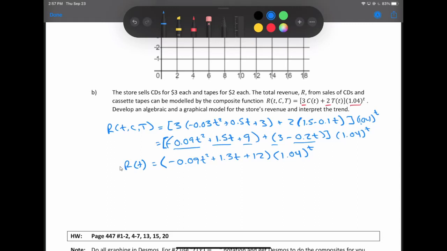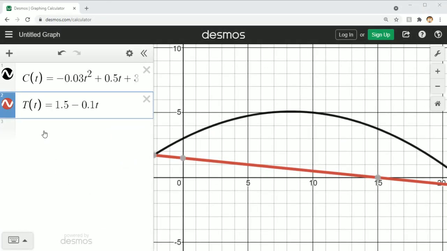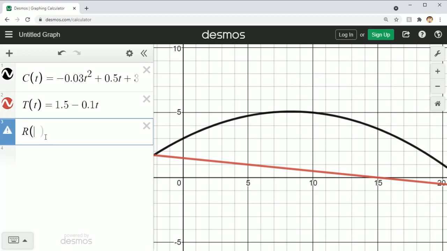Okay, so I'm going to go back over to Desmos. And I could actually type in the model that we just got, and I will in a moment. But what I'm going to do first is actually just type in the original relationship. And even Desmos will accept the fact that I'm plugging in t.